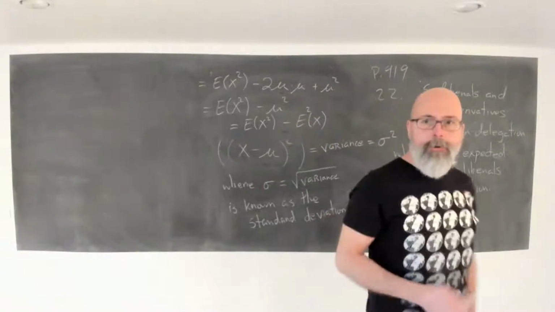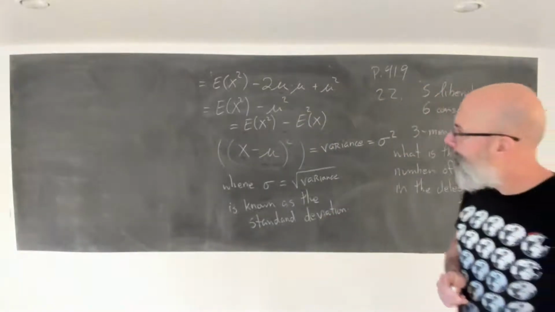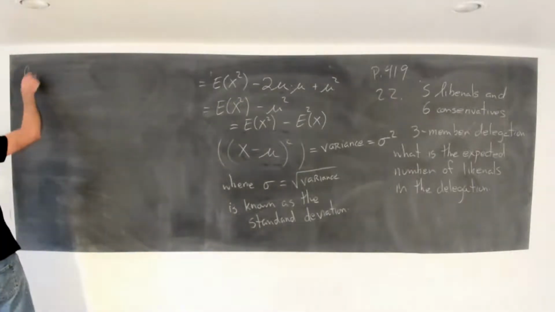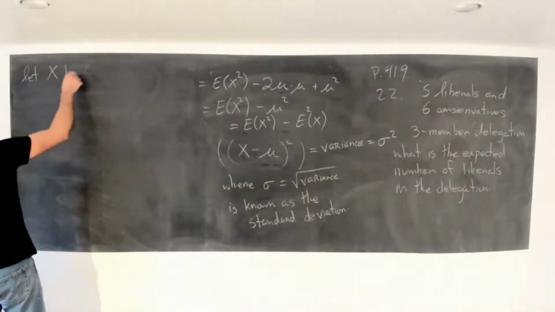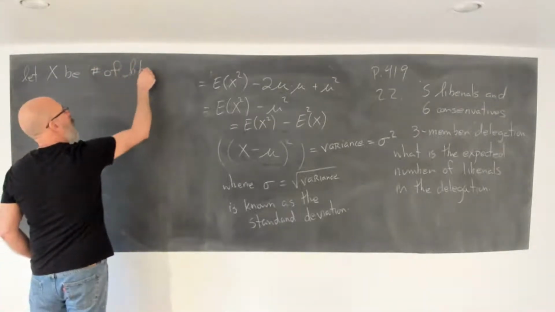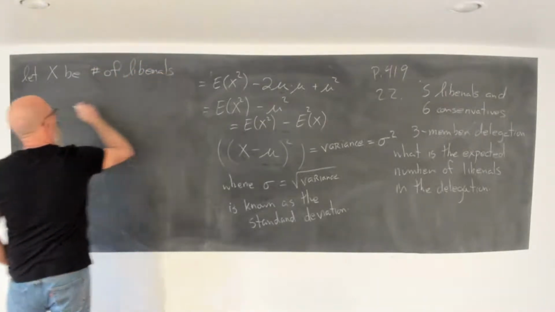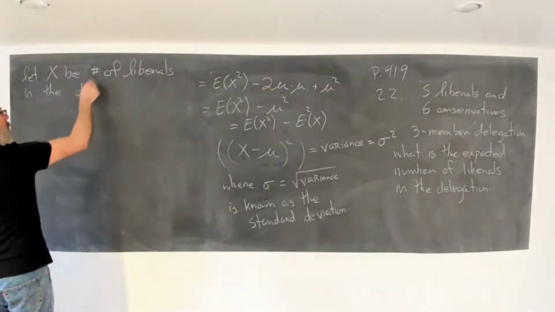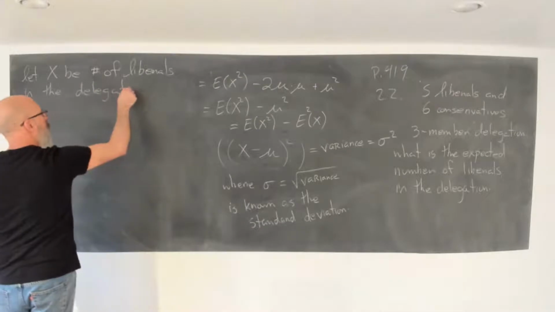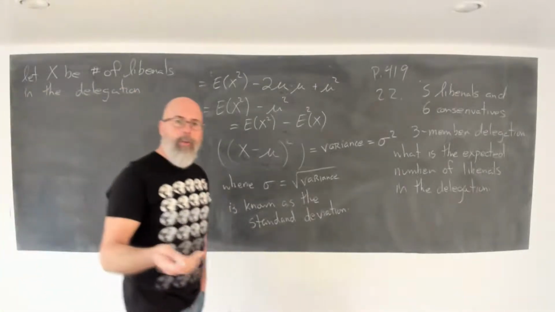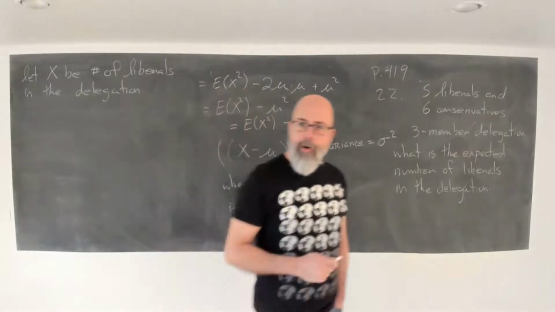So let's introduce a random variable. Let X be the number of liberals in the committee or in the delegation. What values can X take on?